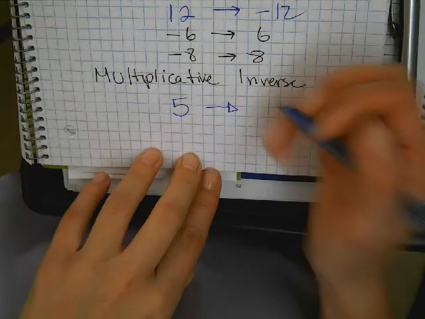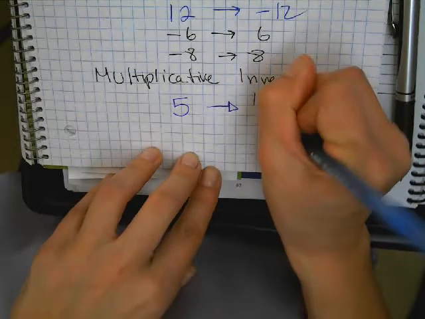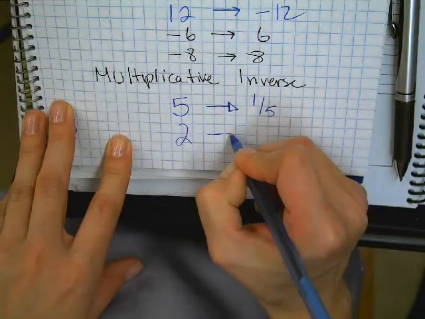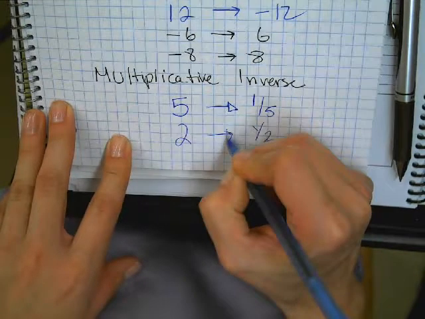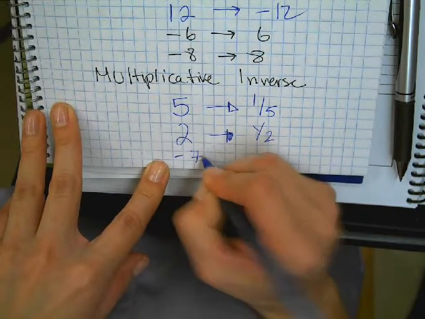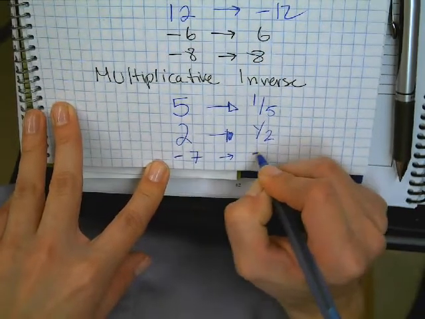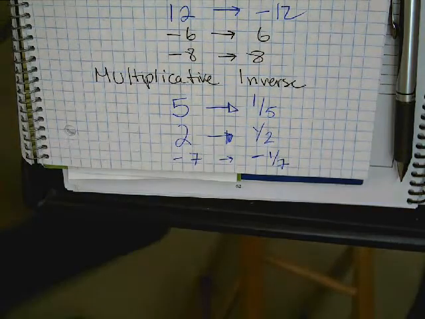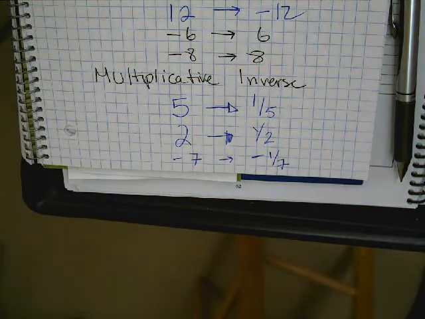One over 5. What's the multiplicative inverse of 2? Good. What's the multiplicative inverse of negative 7? Good. So if it's negative, it stays negative. If it's positive, it stays positive.